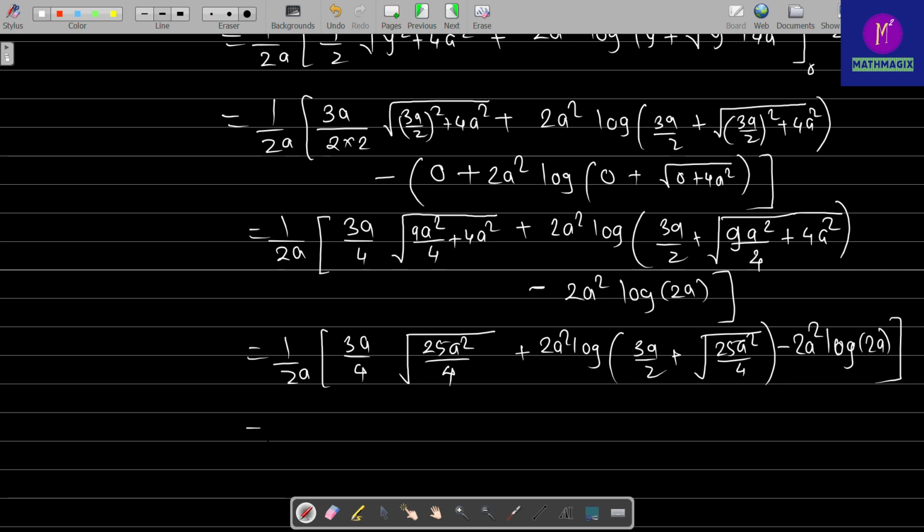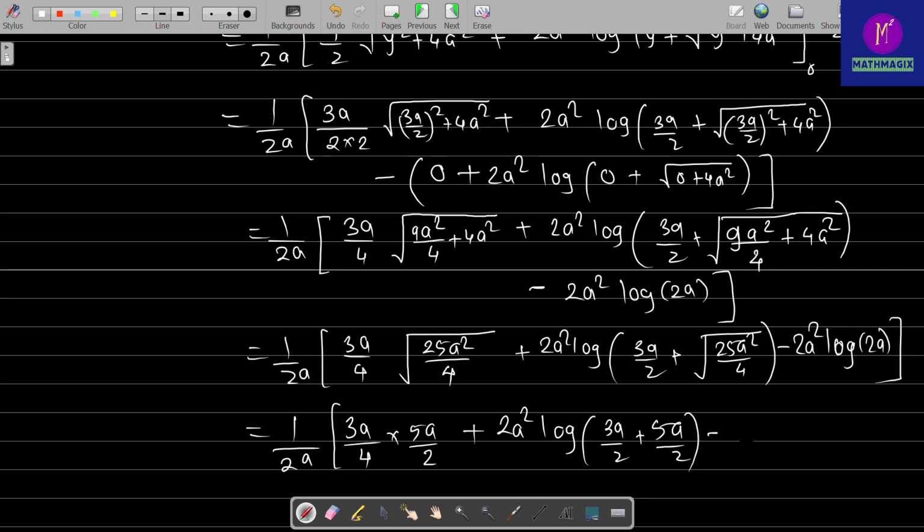So this is equal to 1 upon 2a. Here I'll have 3a by 4 into 5a by 2, plus 2a square log of 3a by 2 plus 5a by 2, minus 2a square log of 2a.